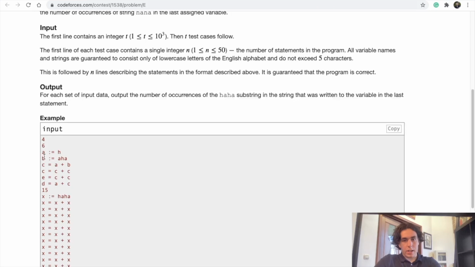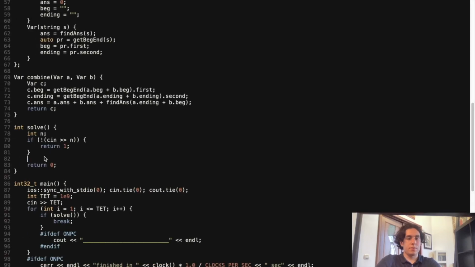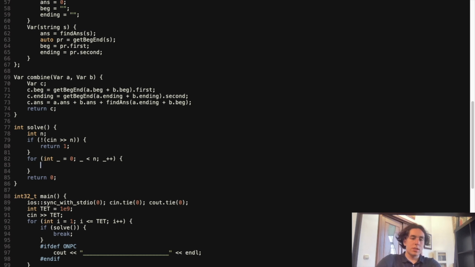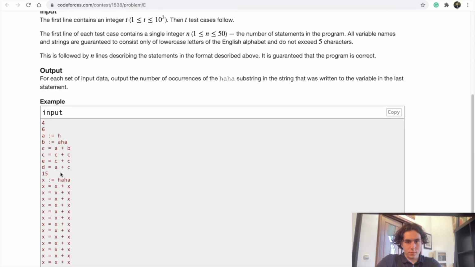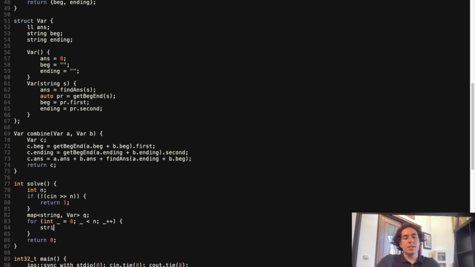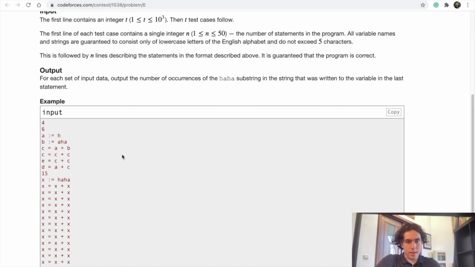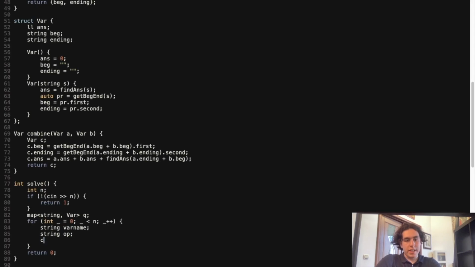Okay, now what do we have? We should also have like map from string to variable. So we get var name, operator, var name, operator.